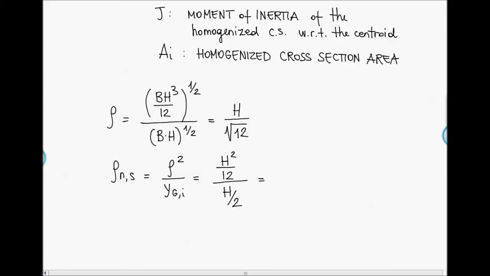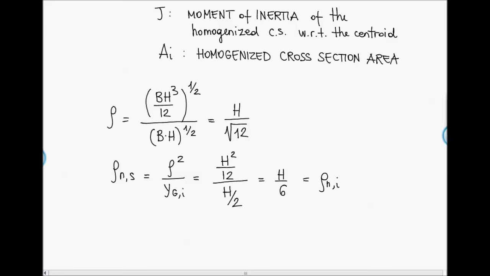The result is equal to h over 6, which is also equal to ρni. So in this case, in which we are considering only the concrete, the cross-section is symmetric, and so also the central core of inertia is symmetric. The dimensions ρns and ρni are indeed equal.